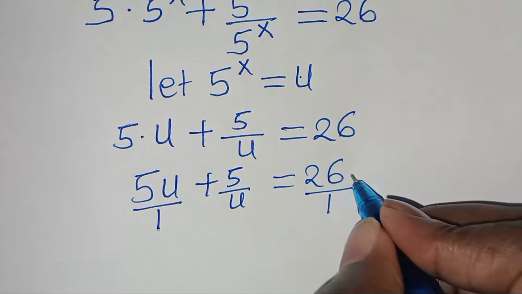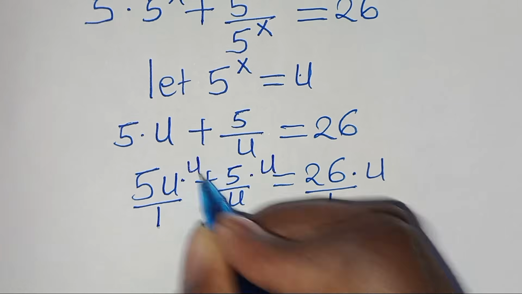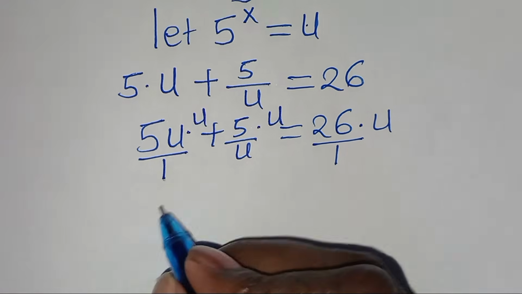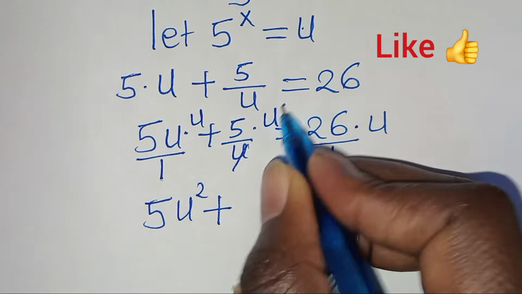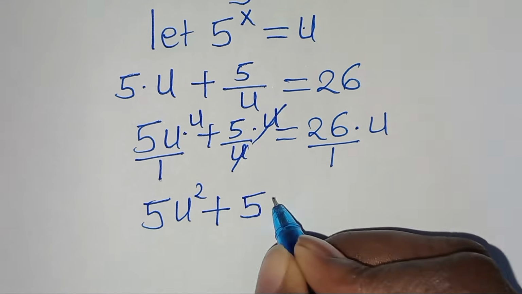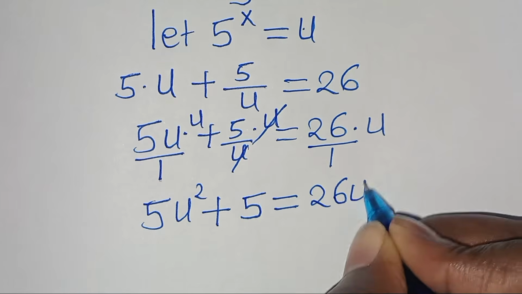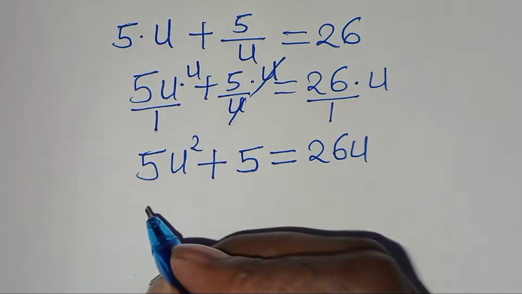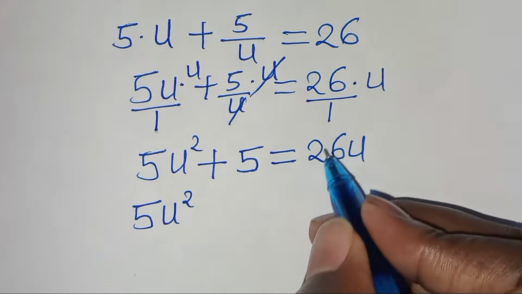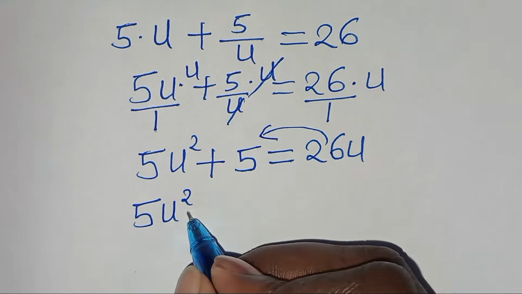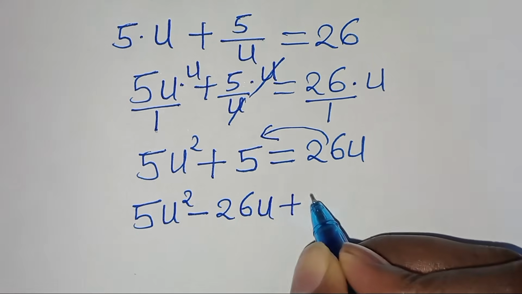So let's multiply both sides by u. So that now here we have 5u squared, then plus u and u here simplify, so we have 5. This is equal to 26 times u, so this is 26u. So we have 5u squared, then let's take 26u to the left hand side, so this becomes minus 26u, then plus 5.